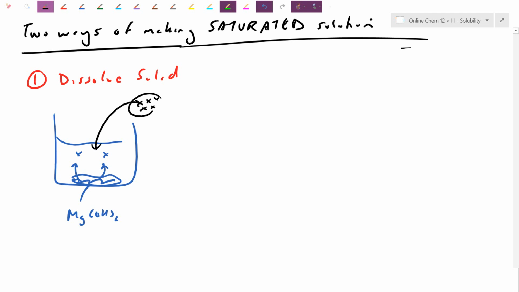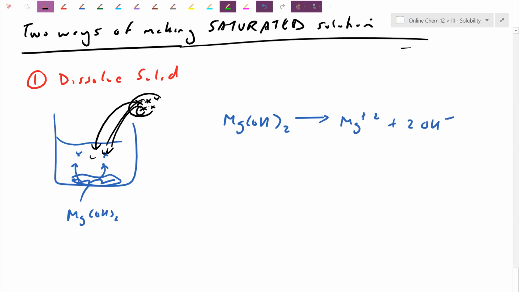Right? So as I dissolve the solid here, what's going to happen is I started off with just Mg(OH)2. That's good. My solid is already on the left-hand side. By dissolving the solid, the first smidgen that I toss in is going to break up. Fine. I'm going to get magnesium ions, hydroxide ions in a 1:2 ratio. I drop in a little bit more, it breaks up. Drop in a little bit more, it breaks up. But magnesium hydroxide is fairly low soluble.